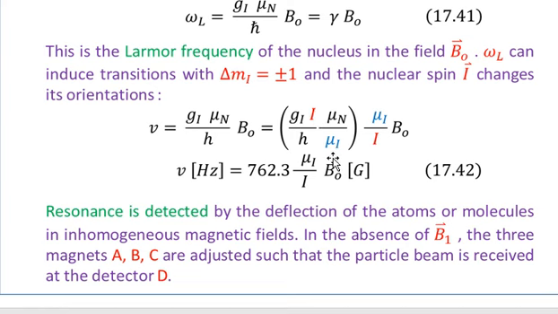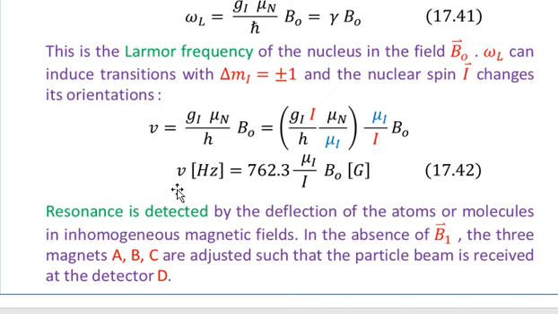And I have also introduced a quantity mu I, which is the nuclear magnetic moment, in the denominator as well as in the numerator, represented in blue. If you plug in the values of all these quantities, it becomes equal to 762.3 times mu I over I into B naught.